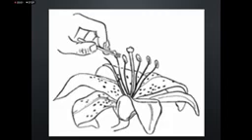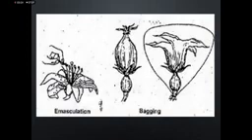This is a simple sample image of cutting the anther from a female plant. This flower is a bisexual flower, so we must remove the anther from this plant to treat it as a female-only plant, and this process is known as emasculation. After emasculation and dusting the pollen grains onto the stigma of the female plant, we must cover this female plant with a bag, a polythene bag.